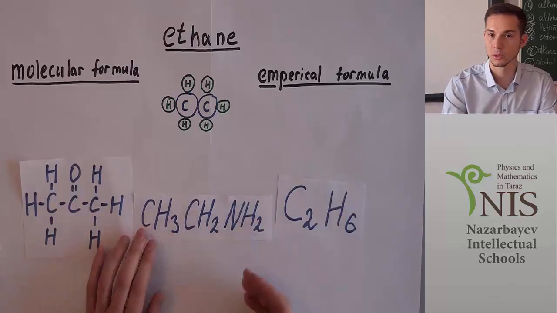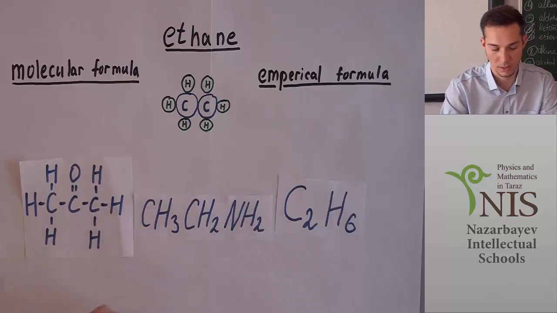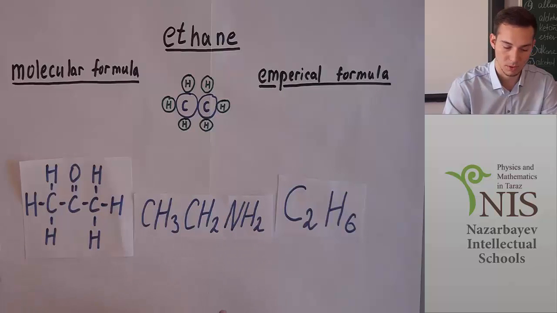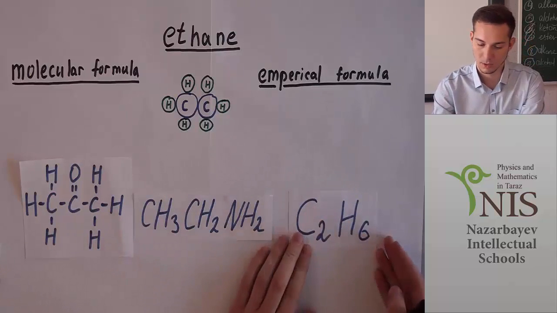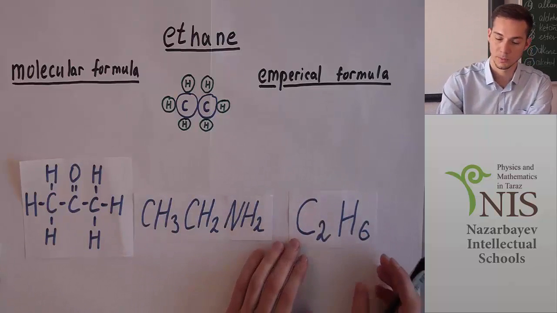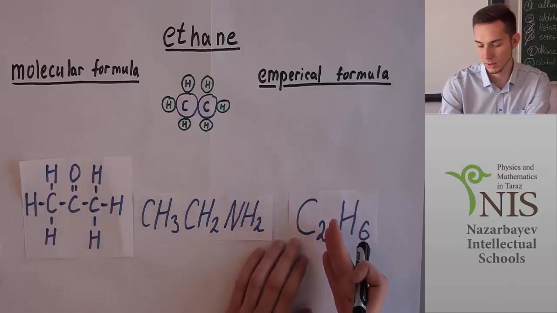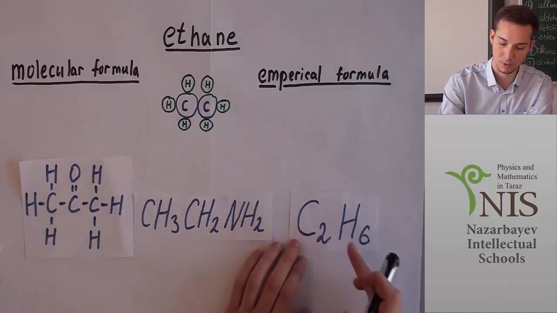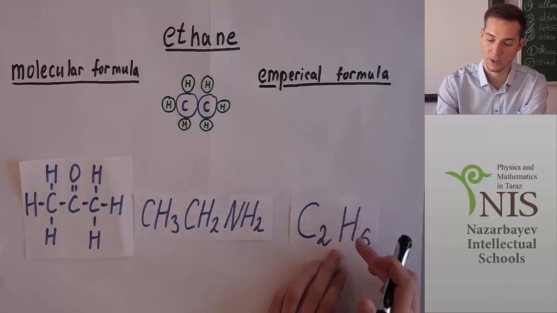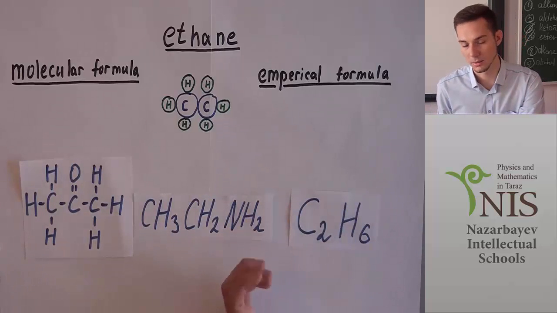Here we have no dashes, which means we cannot say about bonds. And this one is the molecular formula, which shows us only how many atoms of carbons and how many atoms of hydrogen there are.